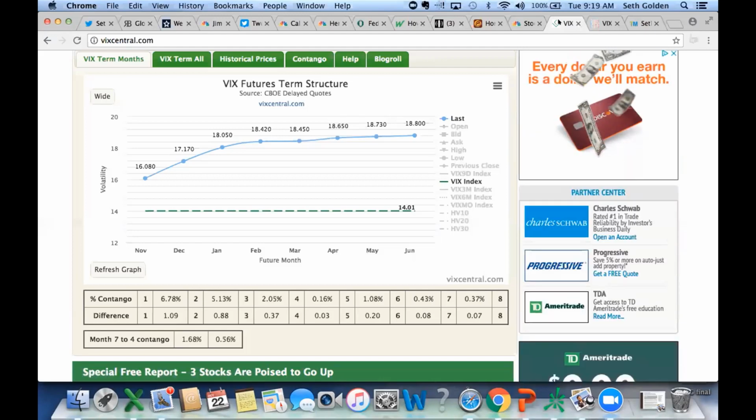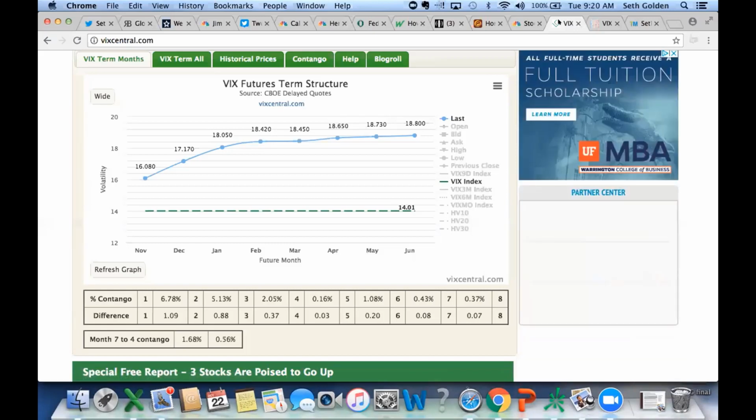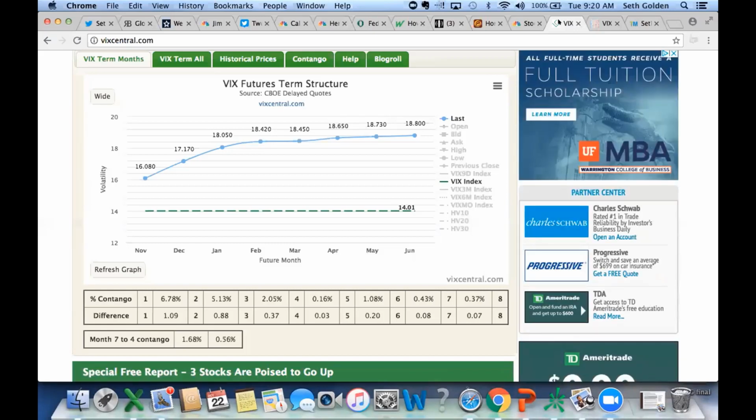And now with UVXY hitting all-time lows, with the S&P 500 on the verge of possibly achieving a new high, this is an ideal time where we would be reducing exposure, taking our profits, still keeping some exposure on, because you never know exactly when that next volatility spike will occur or how deep the decay in the VIX will be. But basically giving ourselves a little more cash to participate in the future and look at other instruments.